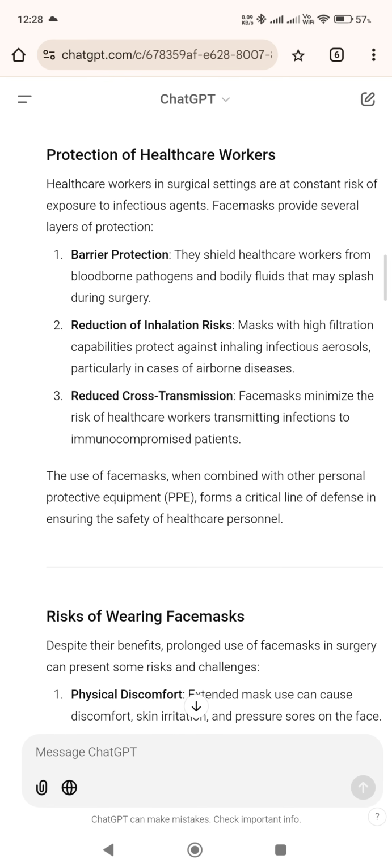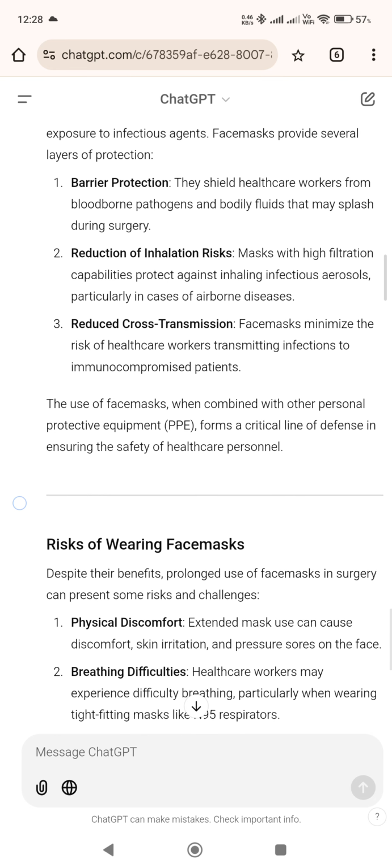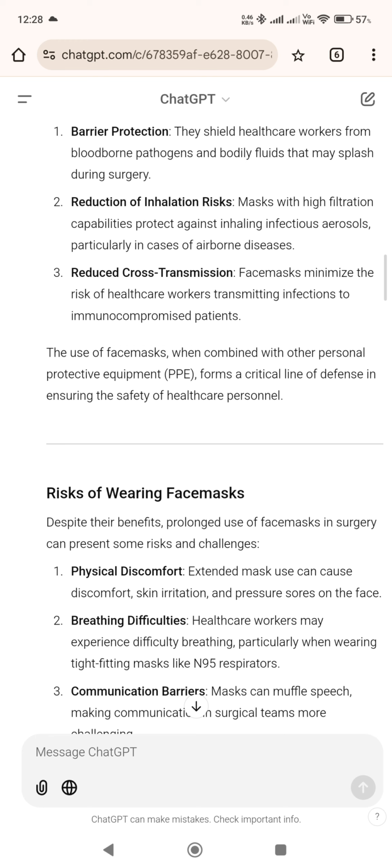Protection of healthcare workers. Healthcare workers in surgical settings are at constant risk of exposure to infectious agents. Face masks provide several layers of protection. 1. Barrier protection. They shield healthcare workers from bloodborne pathogens and bodily fluids that may splash during surgery. 2. Reduction of inhalation risks.